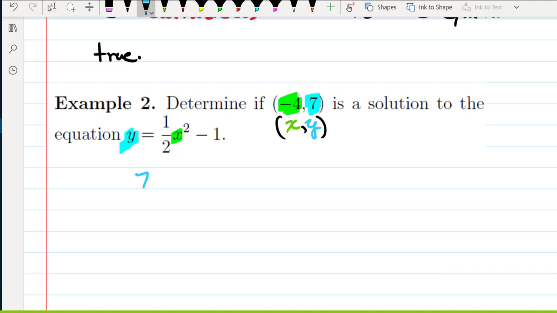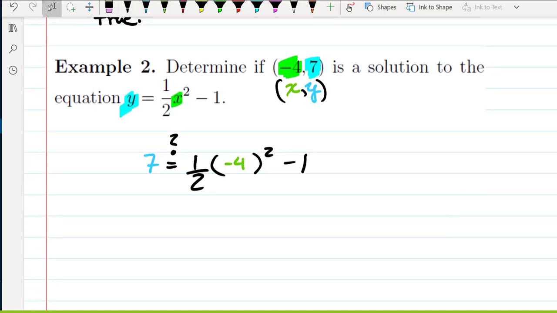So we have 7 is equal to 1/2 times our x value, -4, squared, take away 1. I'm going to put a question mark over the equal sign because we want to determine if that statement is indeed true. Following our order of operations, we do our parentheses, then exponents.